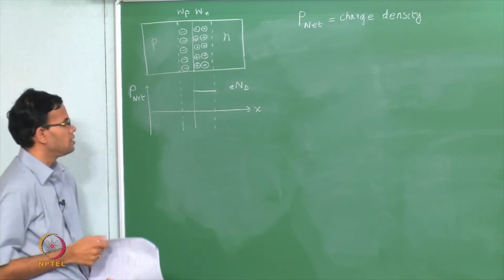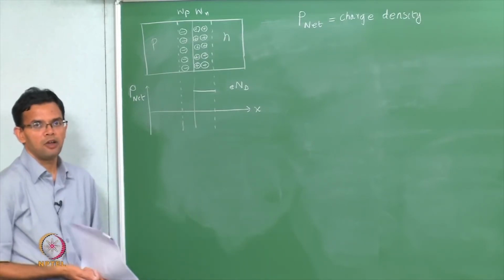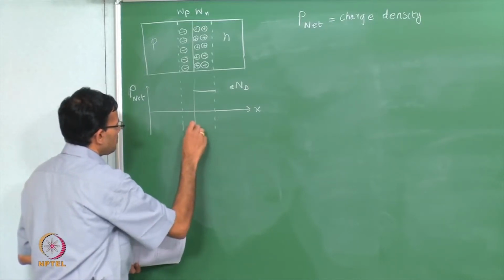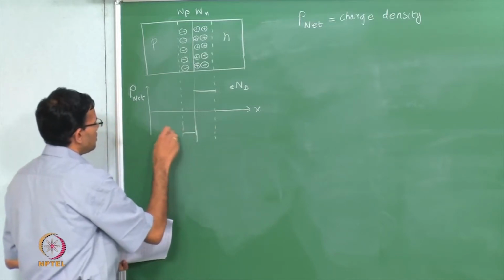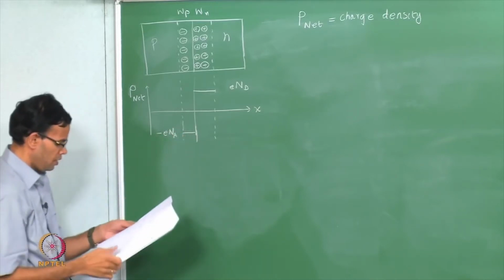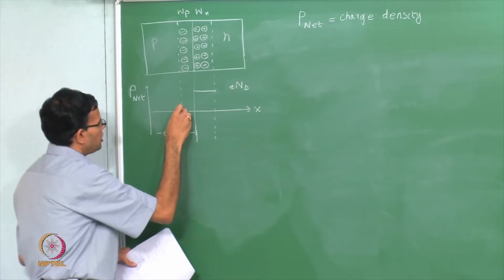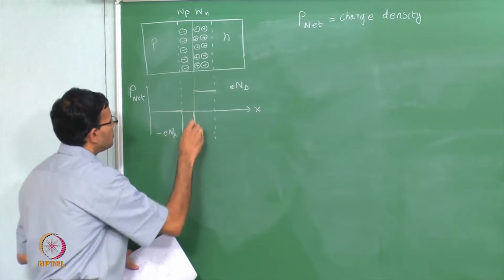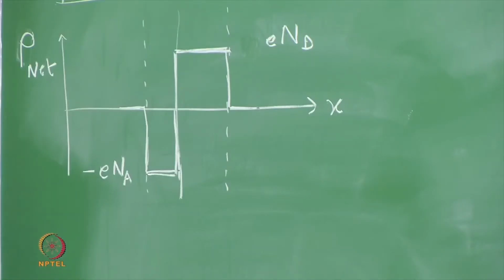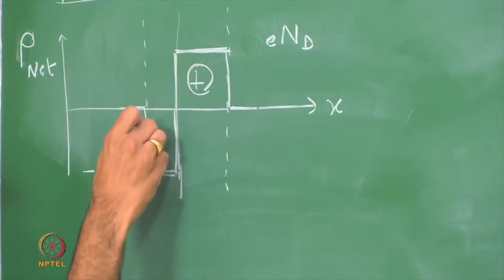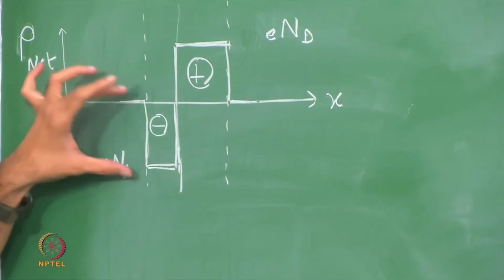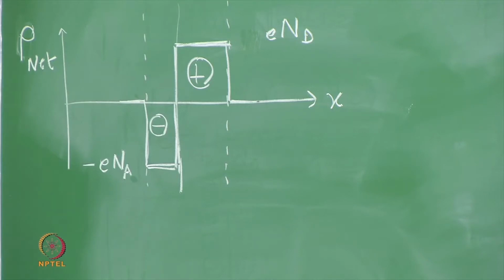On the p side the charge density is given by the acceptor ions which have a negative charge, so this is minus E Na, and the total charge has to be 0, which means the positive charge on the n side has to balance the negative charge on the p side. So, the areas under these two graphs are the same.